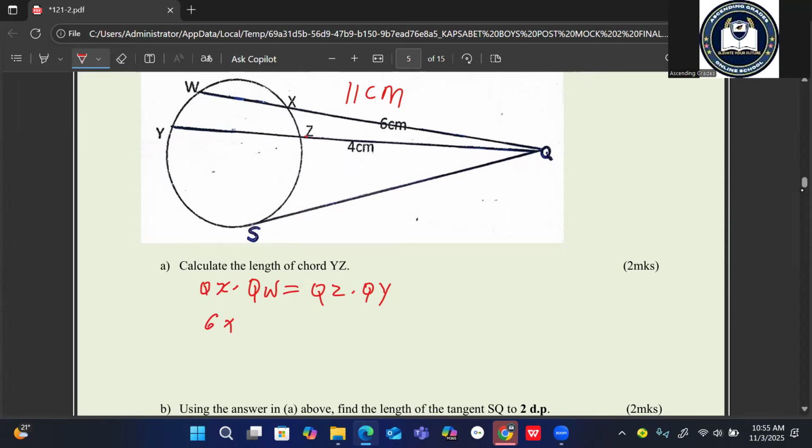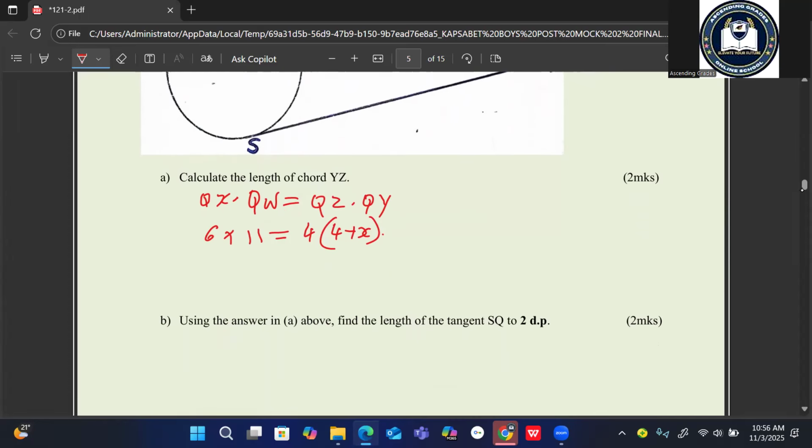We multiply it by QW, it is 11 centimeters. So it will be equal to QZ. Let's just let YZ be X. So QZ is 4 times QY. QY is 4 plus X centimeters.